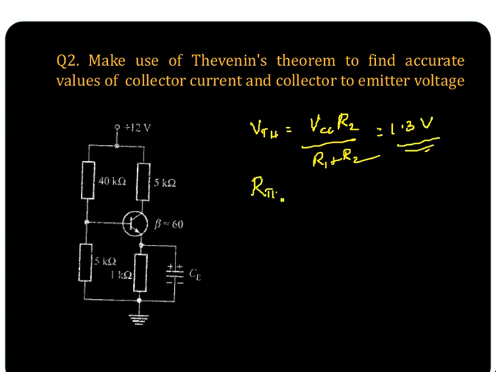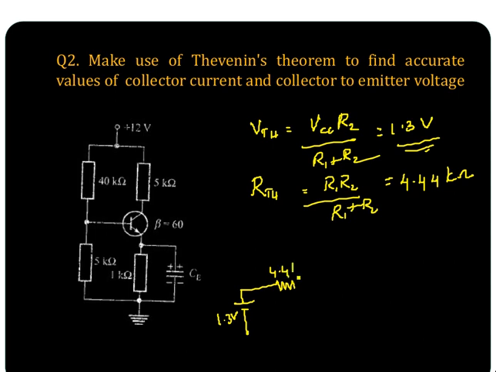And R Thevenin is equal to R1 R2 by R1 plus R2. So on substitution, you will get the value of R Thevenin as 4.44 kilo ohm. Okay, now the Thevenin equivalent will be like this. You have a 1.3 volt here, and you have 4.4 kilo ohm here, and you have the transistor, and this is 5K, and this is 1K.